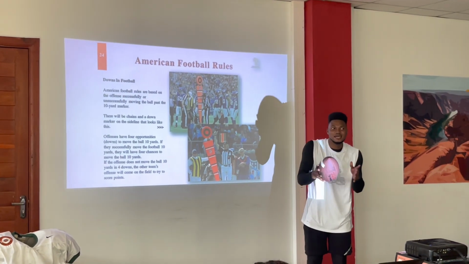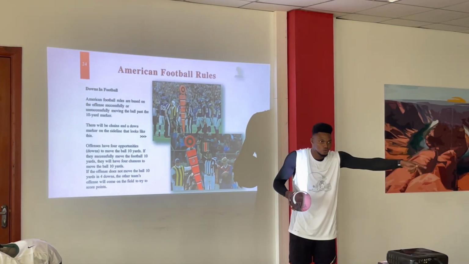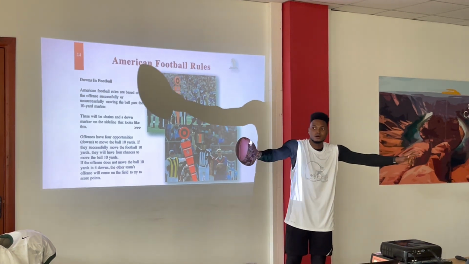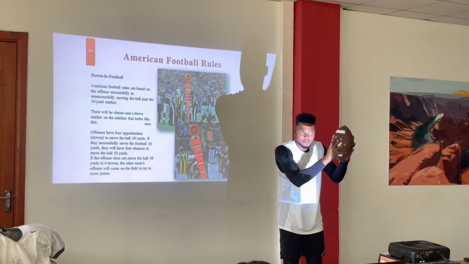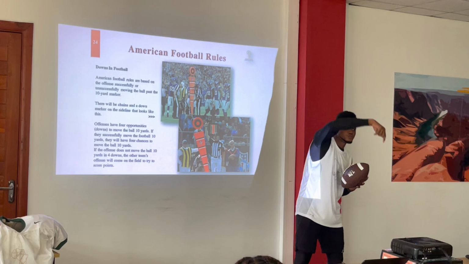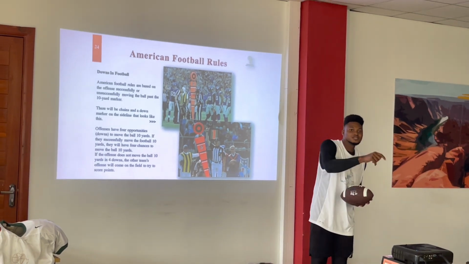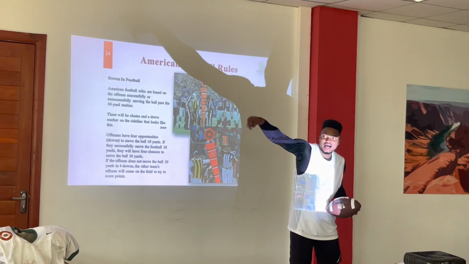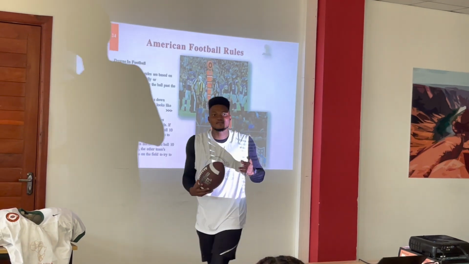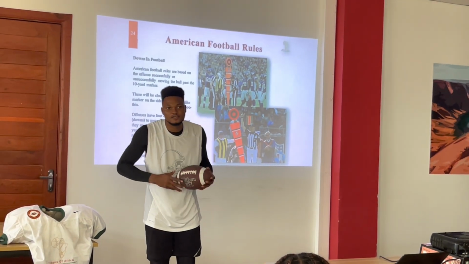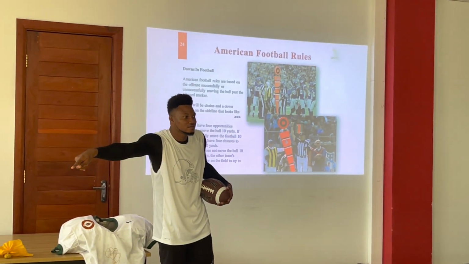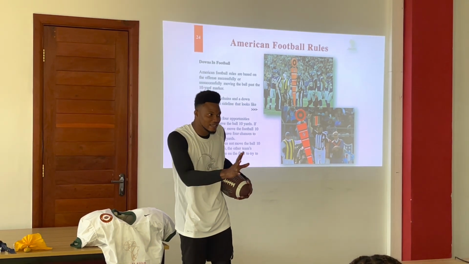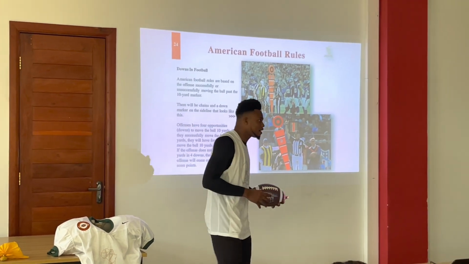So instead of me starting from 2, if he had not received the ball, I would again come to a 2. But because he received the ball at 12 yards, now I'll start my 4 opportunities from 12 yards. It's a bit technical, it's a bit tricky, but get it right.